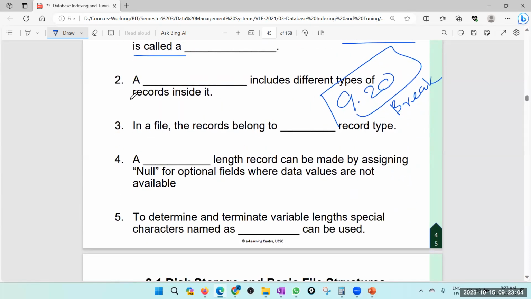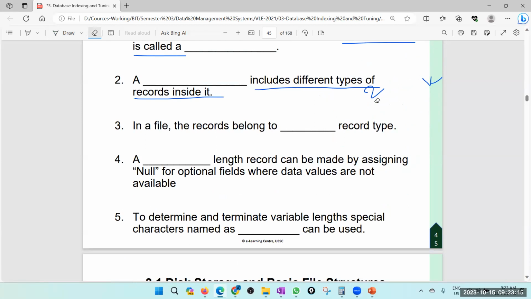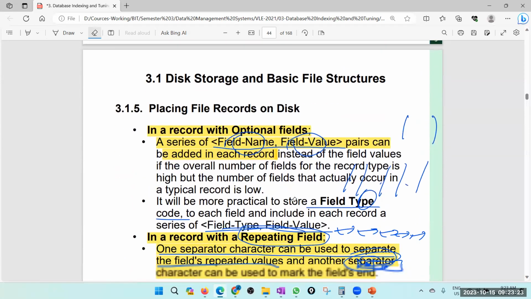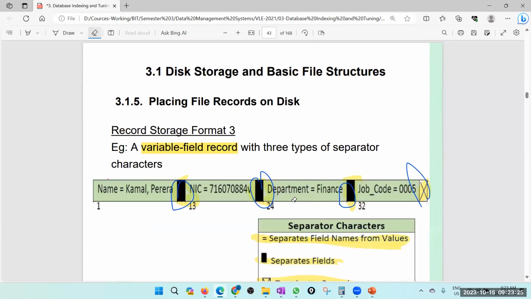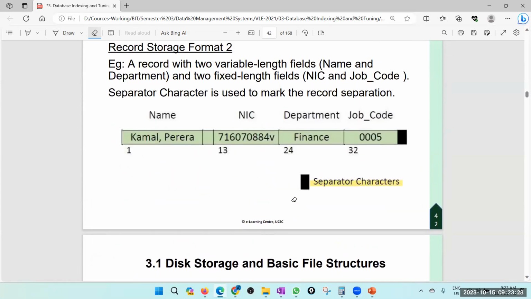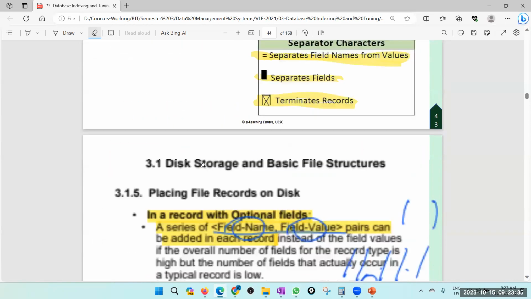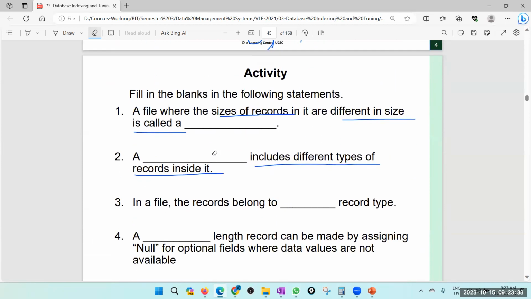Includes different types of records inside it. What is that? What is the best one? Maybe variable field record. So you can have variable field. Okay. So different types of records means yes, variable field record file.